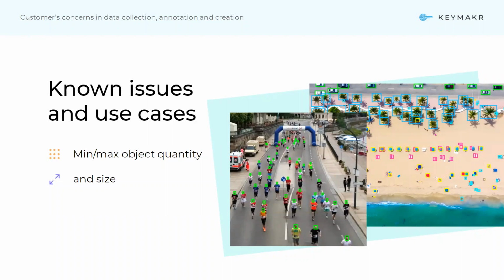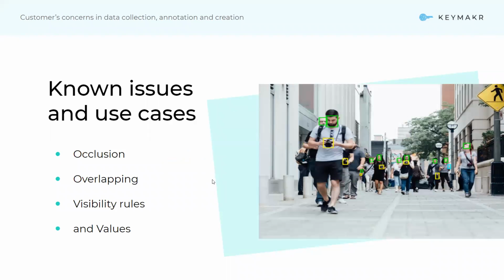So when working with large data sets with a lot of objects per image, always pay attention to min and max object quantity and their size. Obviously, some models will not pick up more than 50 objects or more than 100, and you can see crowds of thousands of people. So again, this will directly impact your cost, time and level of effort.